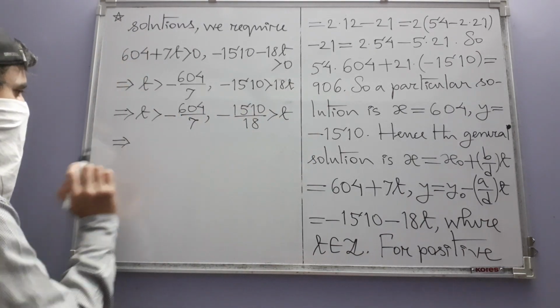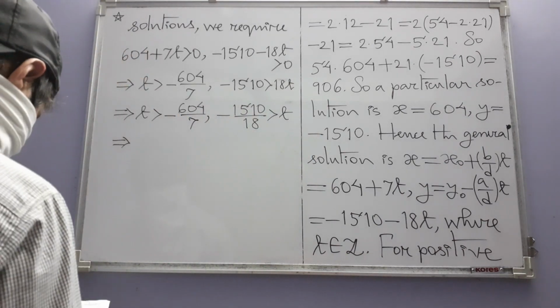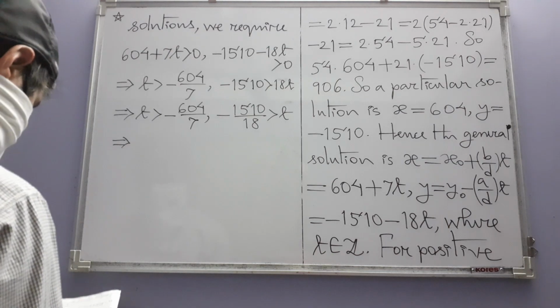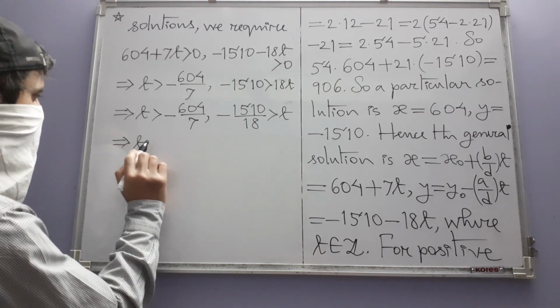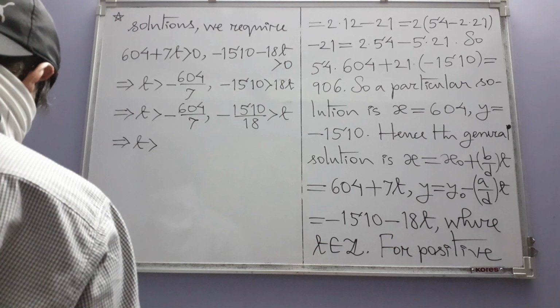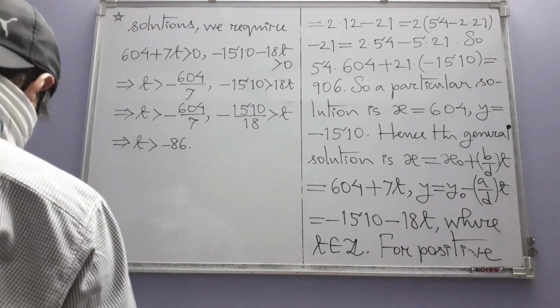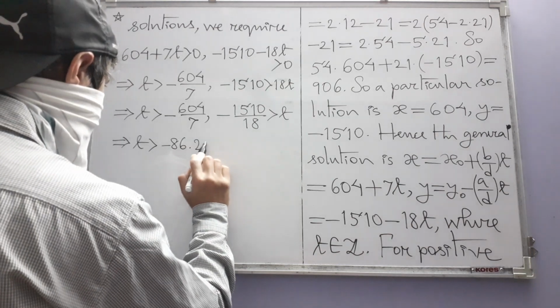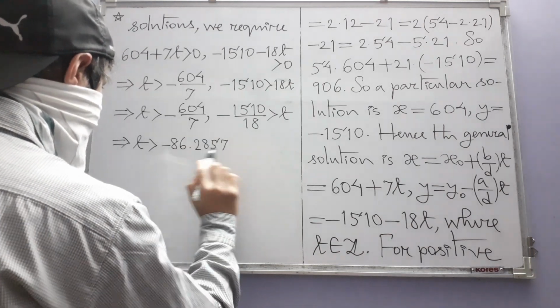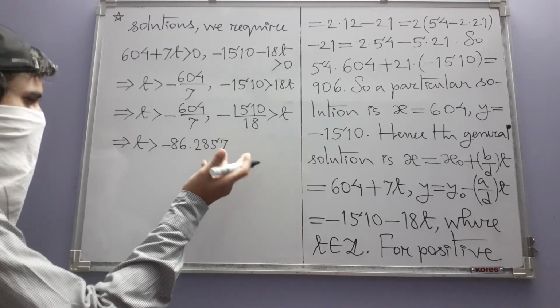Okay, so now if you take things in decimal, then we get these values. So t is greater than, all of these are approximate values, minus 86.2857, something like that, it goes on, but we do not need that.